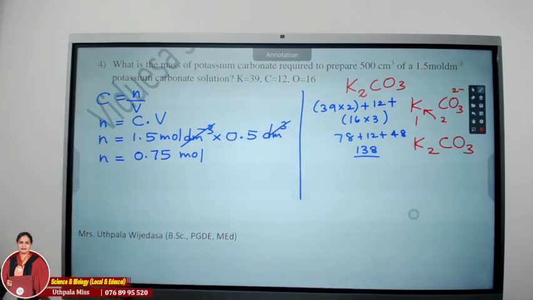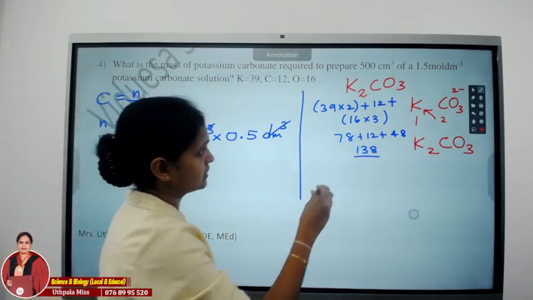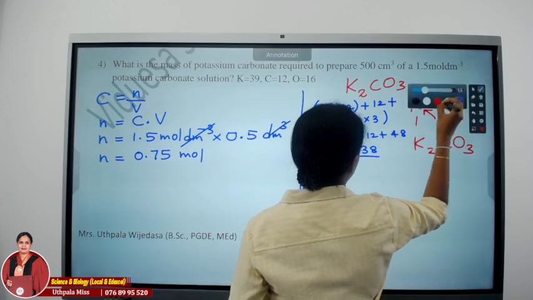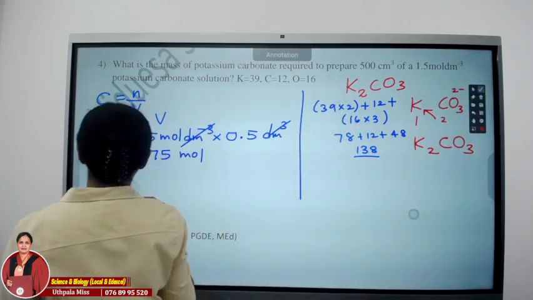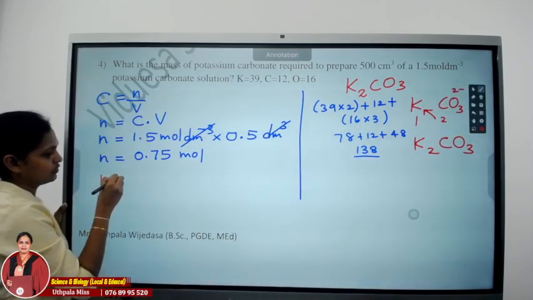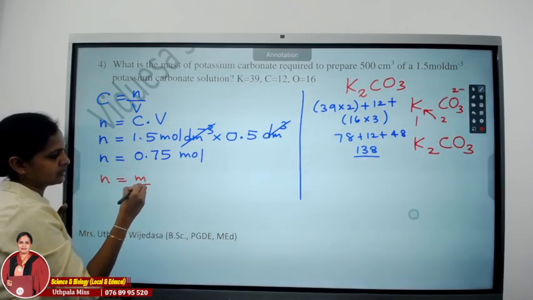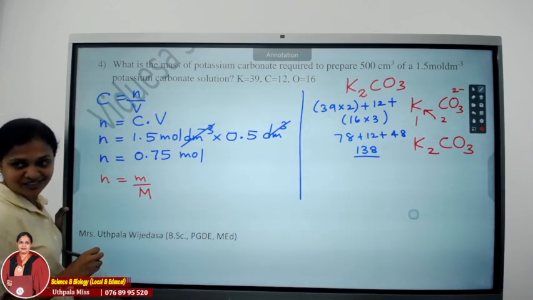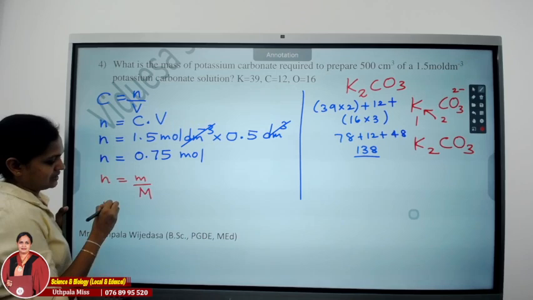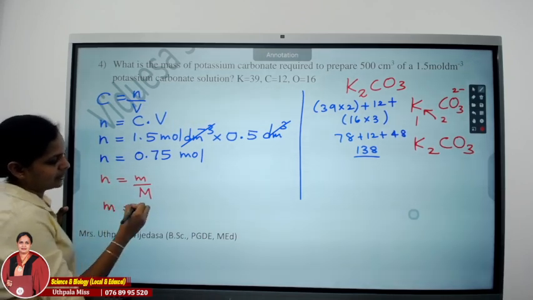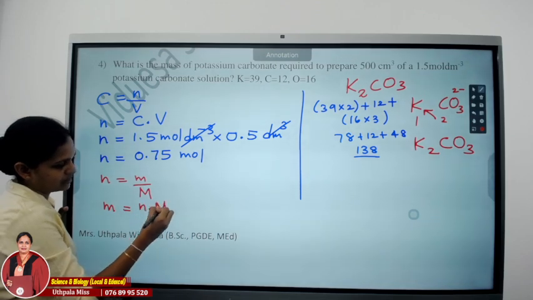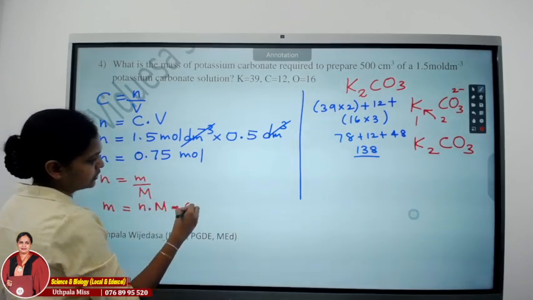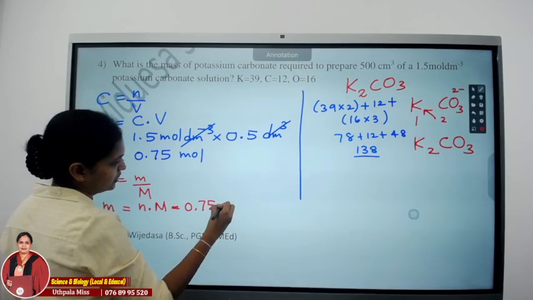Then you are asked what is the mass, right? You are asked about the mass of potassium carbonate needed. Therefore, you substitute for the equation number of moles equals mass divided by the molar mass. So the mass is equal to number of moles multiplied by the molar mass. Number of moles is 0.75 moles.